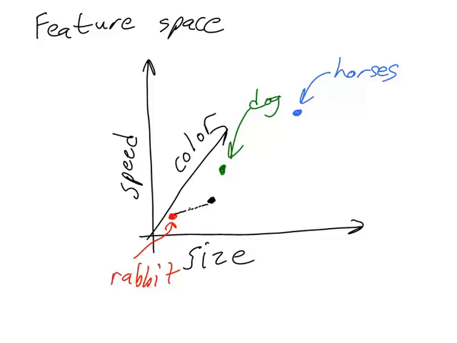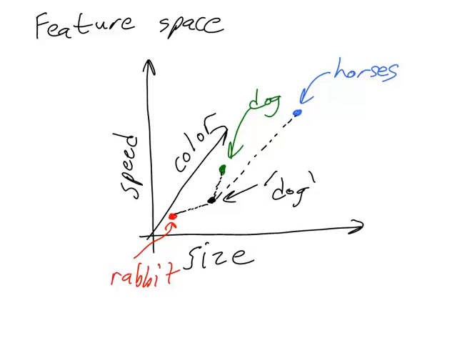We subtract the two vectors and take the absolute value to determine the distance between the ideal rabbit and the unknown point, between the ideal dog and the unknown point, and between the ideal horse and the unknown point. Whichever of these distances is shortest, we can classify the unknown point as that object.